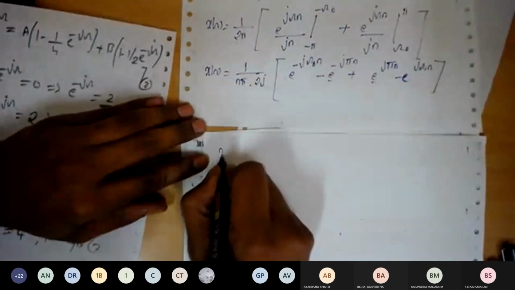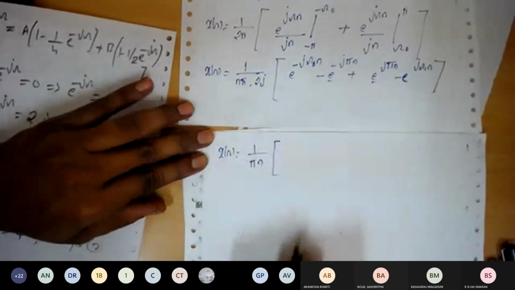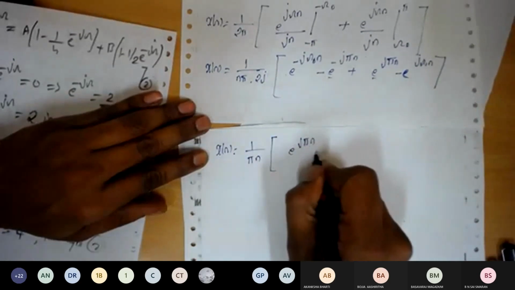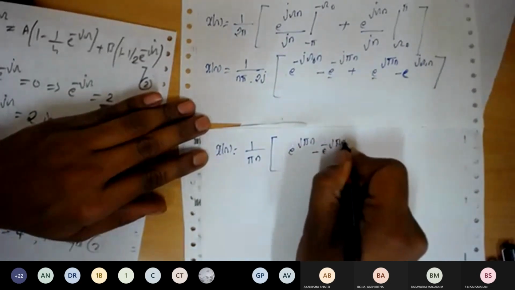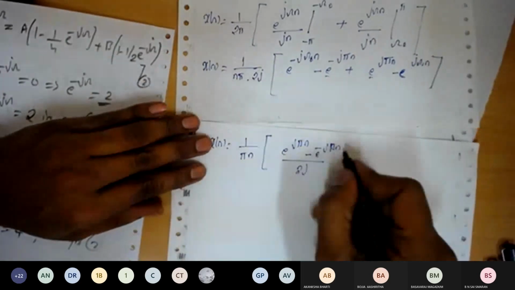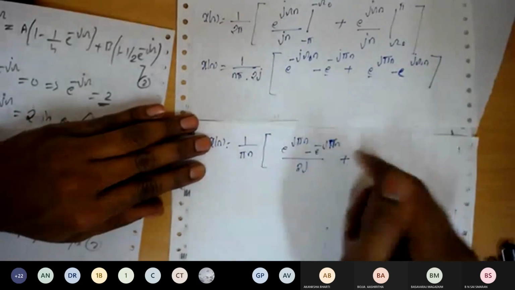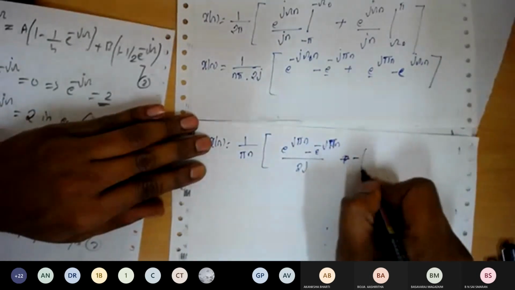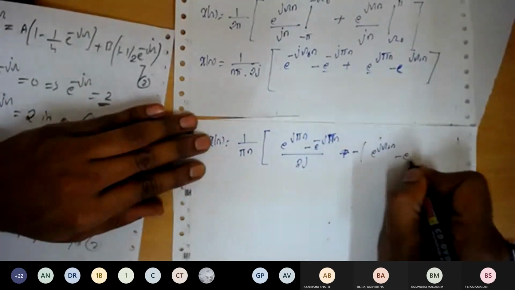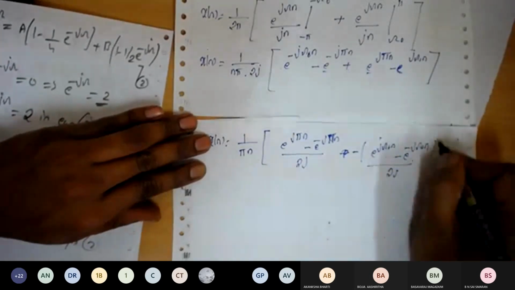So I'll continue here. x of n is equal to 1 over pi n. I'm going to group these terms together here: e to the power of j pi n minus e to the power of minus j pi n, divided by 2j. So we make it one sine function here. Minus, so here, e to the power of j omega naught n minus e to the power of minus j omega naught n, divided by 2j.